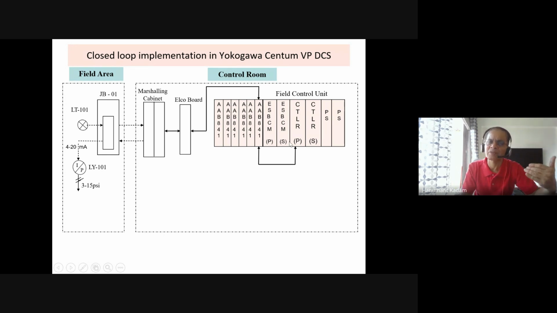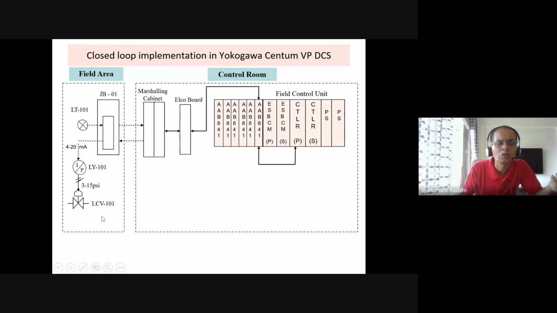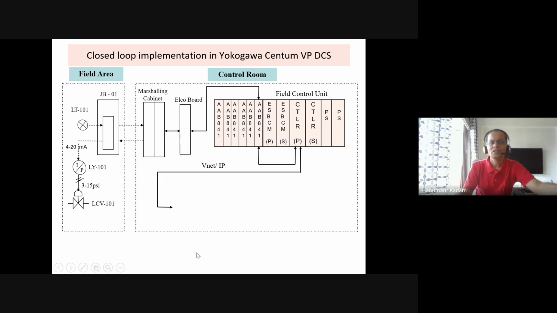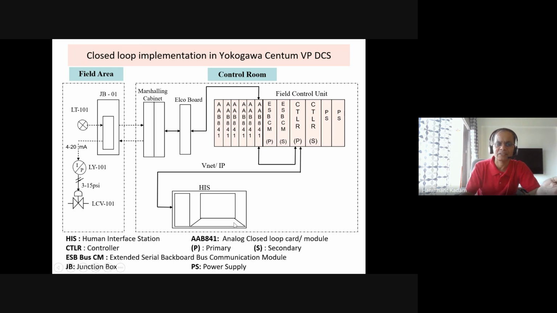It is a PID block, a software block, processed here, and then the output again goes back through the loop, 4 to 20 milliampere I2P, and 3 to 15 psi goes to the LCV 101, and then the status of this loop is displayed on the HIS. As I told yesterday also, some of these nomenclatures, but the analog closed loop card number AAB841 is product name specific.